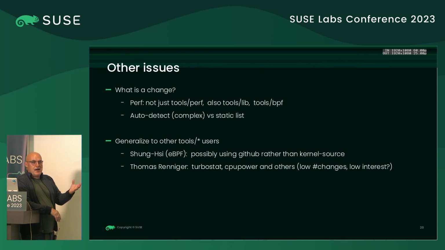The one nice thing about how Fedora handles this is they package everything into one kernel tools package, and everything is built as a sub-project from that. We don't really know this, but I know he maintains turbostat, cpupower, and a few others. But these are really low numbers of changes, low numbers of Jira requests, low numbers of Git fixes. I mentioned this to him, and he didn't have a tremendous amount of interest.